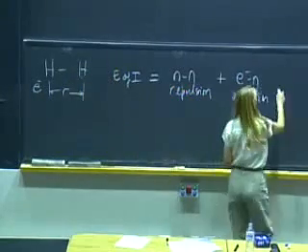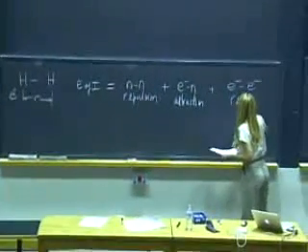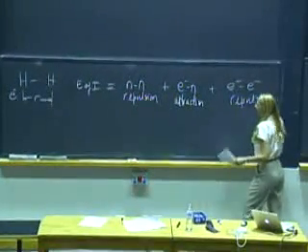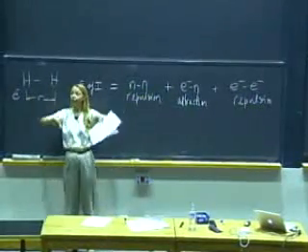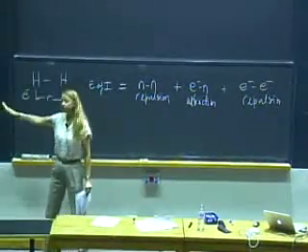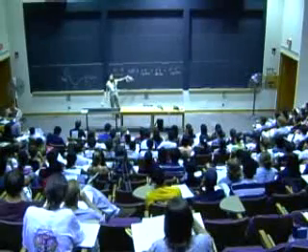And then finally, there's the electron-electron repulsion. When these two hydrogen atoms come so close, the electrons now are going to repel. And so this curve is actually the sum of those three contributions.